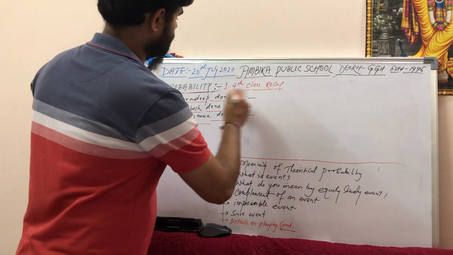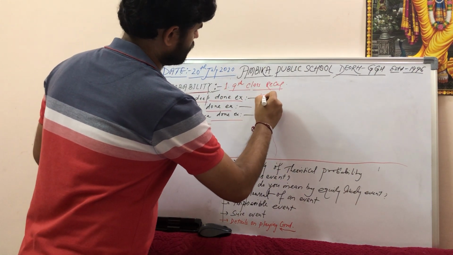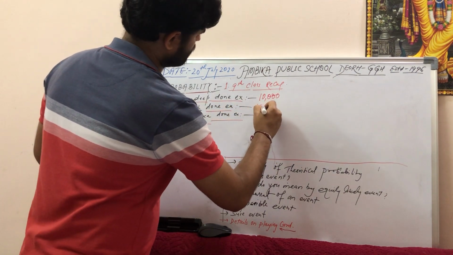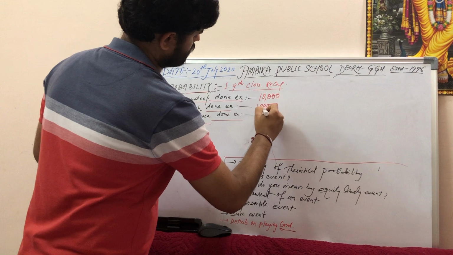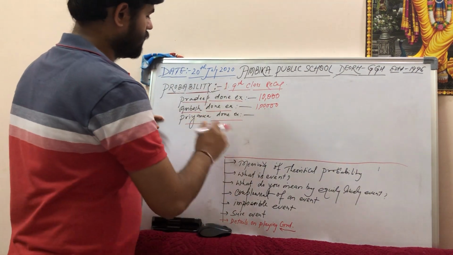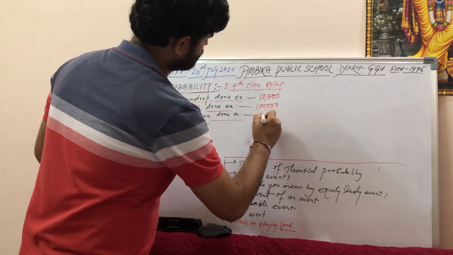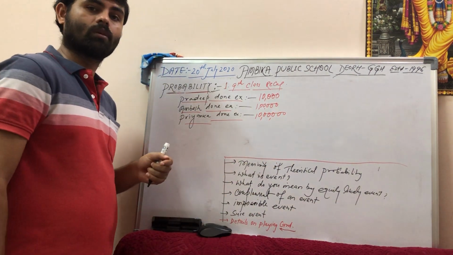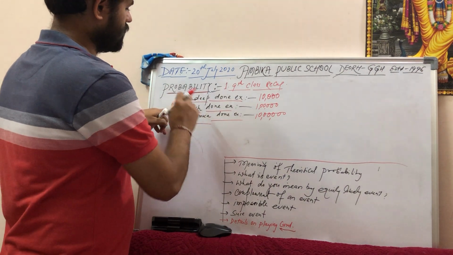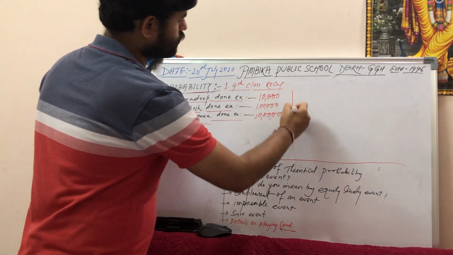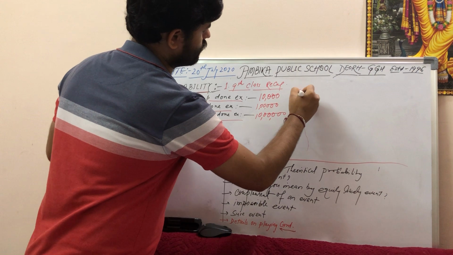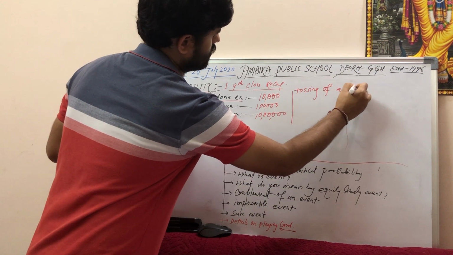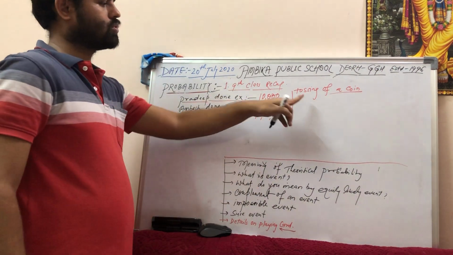Let us say Pradeep is going to do the experiment 10,000 times, Ambesh is going to do the experiment 1 lakh times, and Priyanka is going to do the experiment 10 lakh times. The experiment is the same, tossing of a coin.